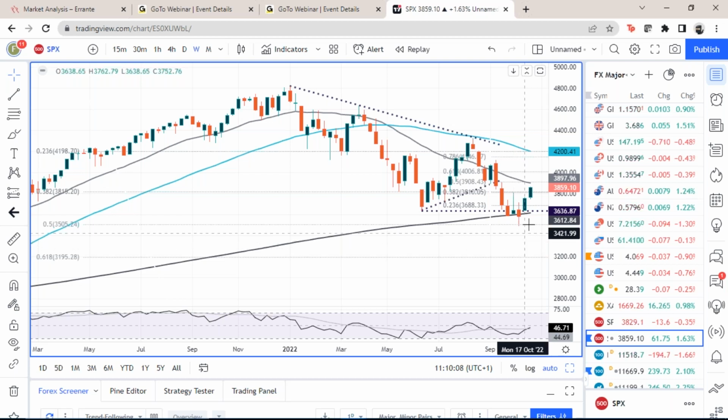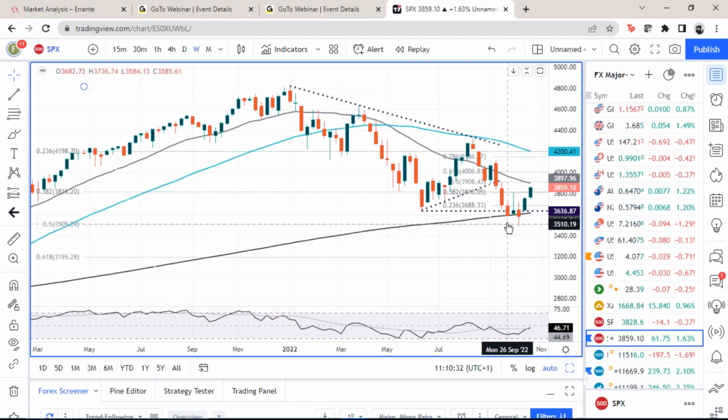We fell through the 200-week moving average. That's that black line there, which is now at 3612. It was lower, obviously, when we were down, printing these lows below 3505. That's a fib level, the midway point of the pandemic low and the all-time high. You can see there, as I said, the low was 3491.